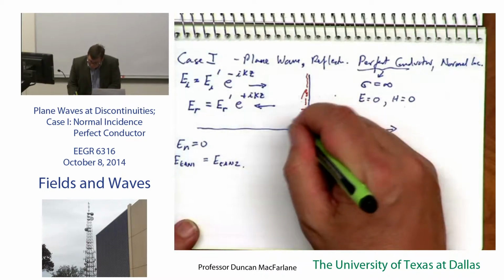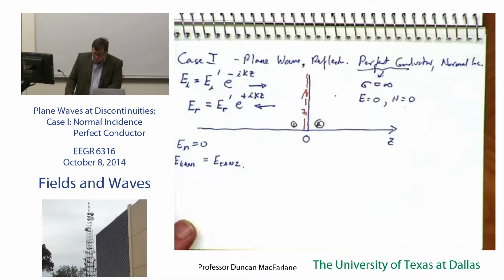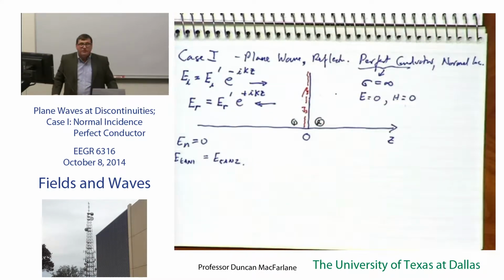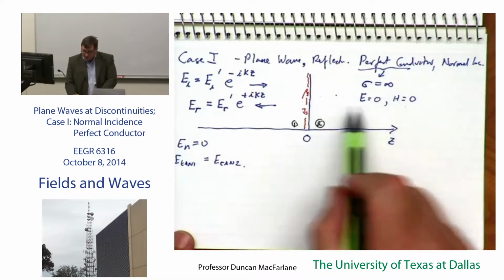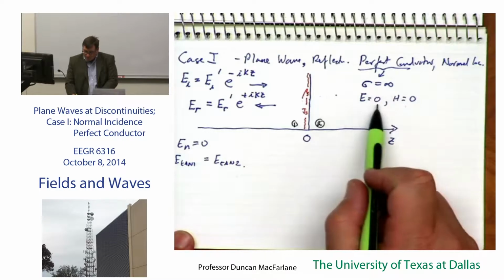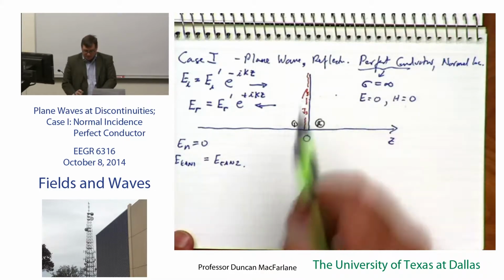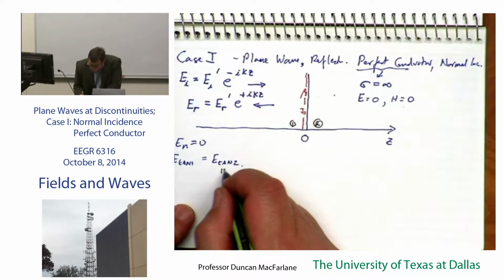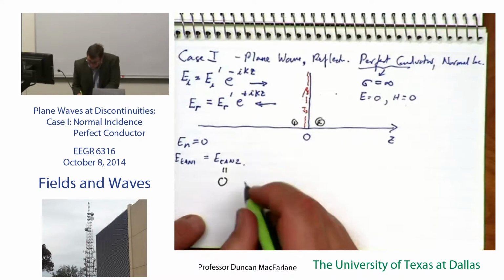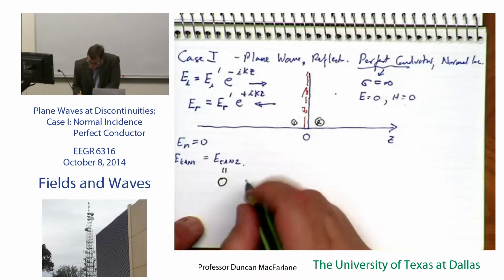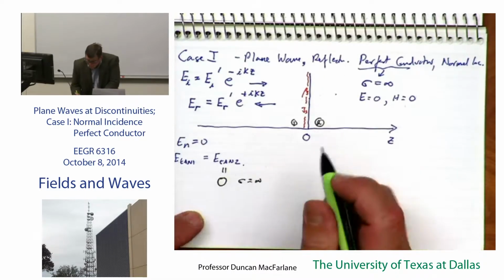This, remember, is material 1. This is material 2. What is E tangential 2? 0. Because there's no charge, no field, anywhere in this material, right up to the edge here. So E tangential 2 is equal to 0 because sigma is equal to infinity.